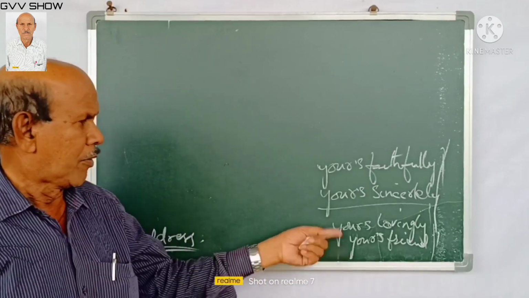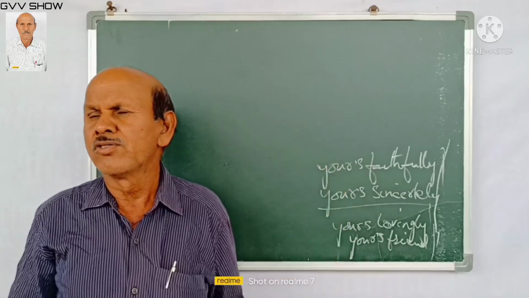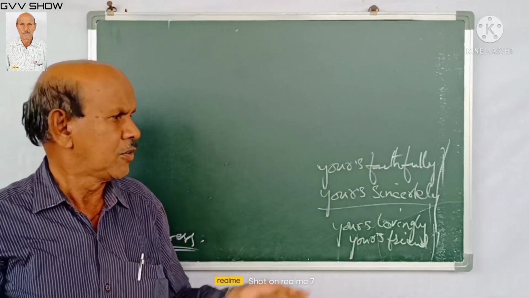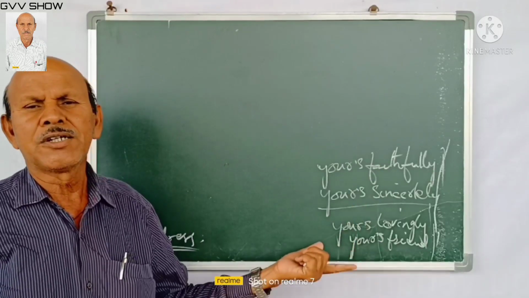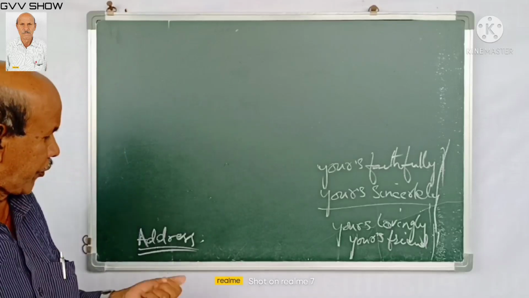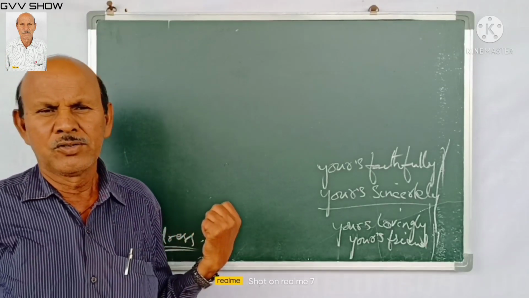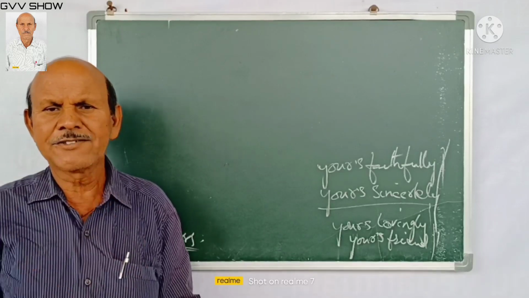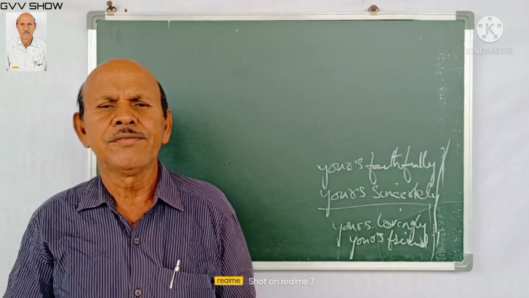Number four, the conclusion, below the body. To an officer you write yours faithfully, yours sincerely. To friends and family, you write yours lovingly, yours sincerely, yours friend. Lastly, the address, to whom you write. With this, I briefly explained how many parts there are in letter writing.